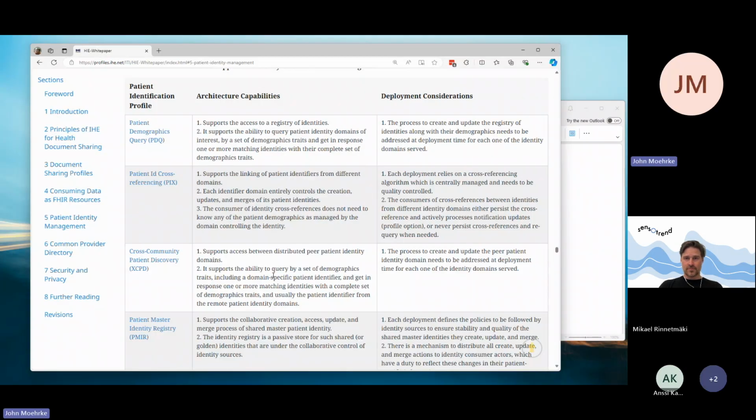And then once you have an ID, you know what the server is, because it's the root of the ID, and you know the ID at that server. So now you can turn and say, okay, now give me the vital signs given this patient ID at this service endpoint.